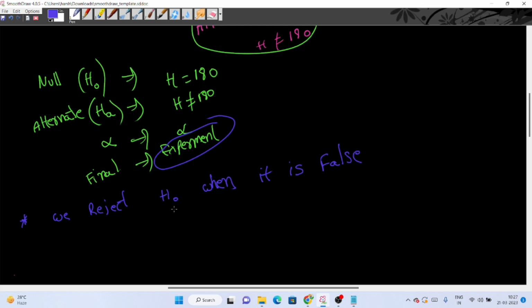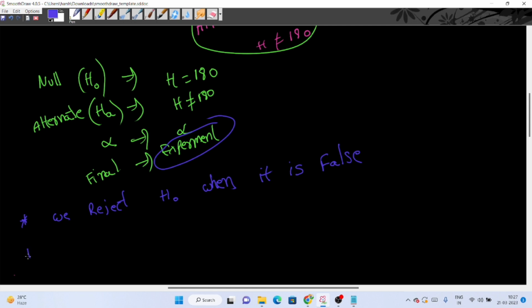After doing all the experimentation, we get some conclusion whether H is equal to 180 or not. So we will reject that H is equal to 180 when it is false.